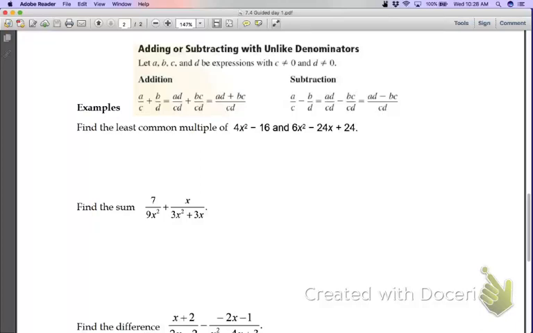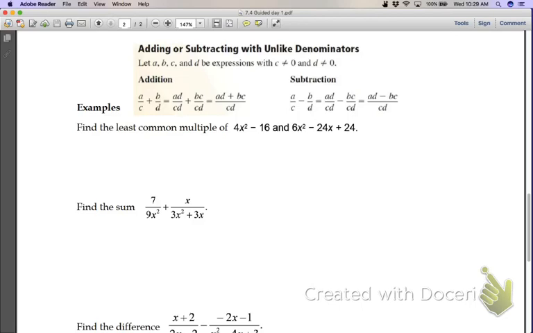Now, whenever I have unlike denominators, whenever I have to get denominators to be the same, the first thing I want to do with any of these is to figure out what do I have and what am I missing.